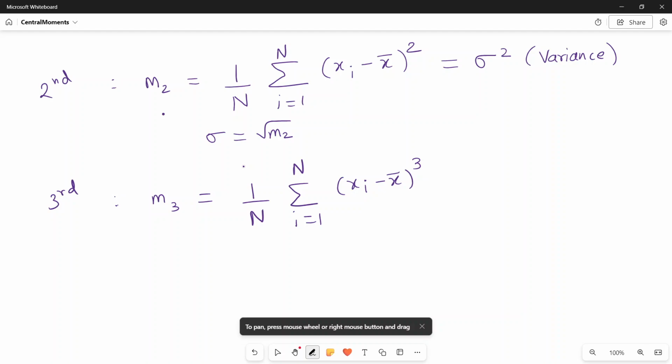So this is the third moment. And this is related to skewness, specifically when n is large, when we have the population case. You can go to the previous videos and take a look at the formulae and find the similarity or relationship between this moment and the skewness.